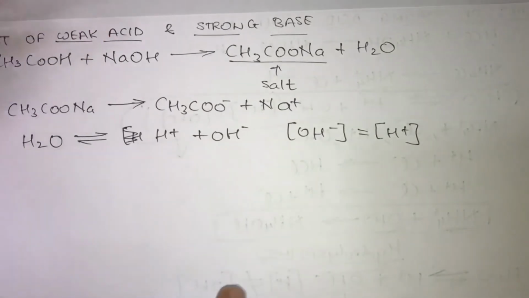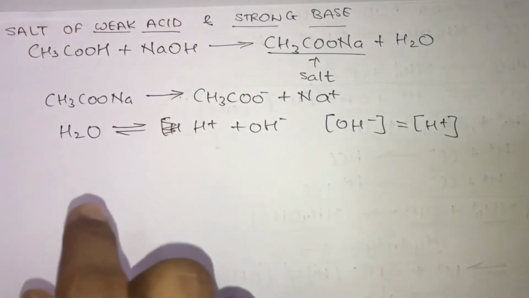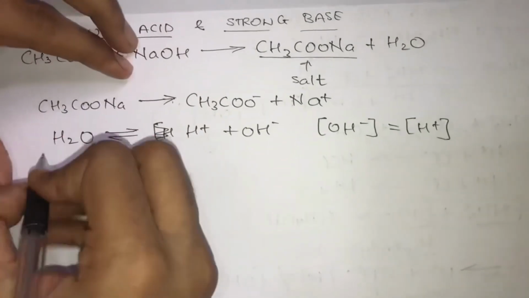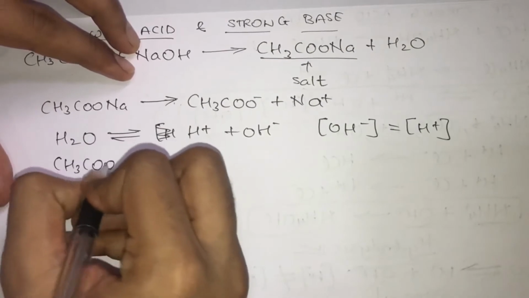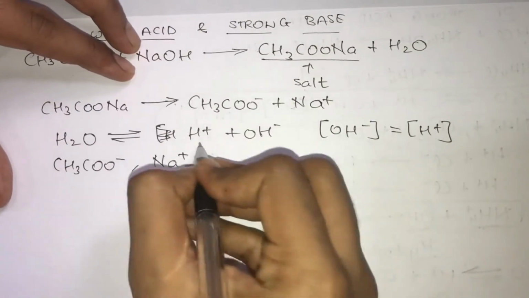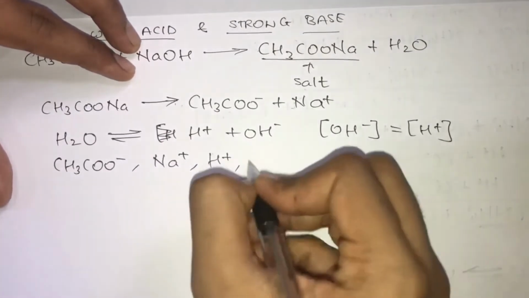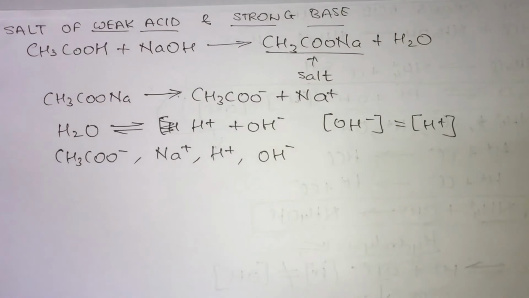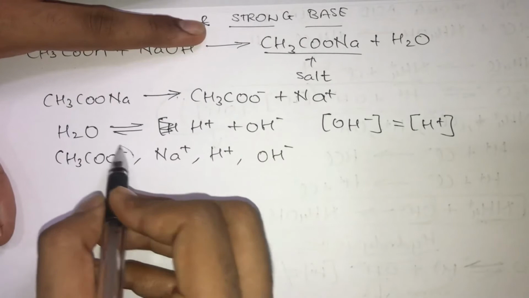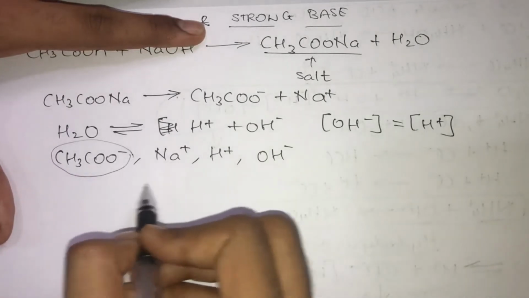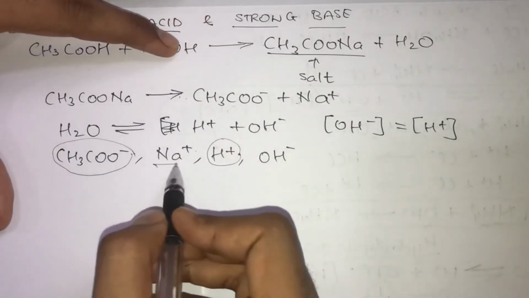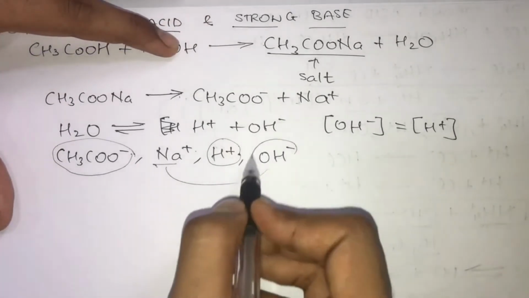Now can I say that in the aqueous solution, now I have 4 ions. Which are those 4 ions? CH3COO minus, then Na plus, then H plus ion, then OH minus ion. Now there is a possibility that this CH3COO minus can react with this H plus ion, and there is one more possibility that this Na plus reacts with OH minus.